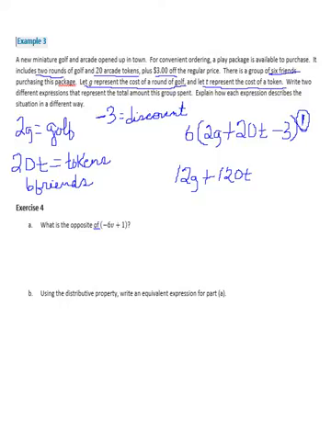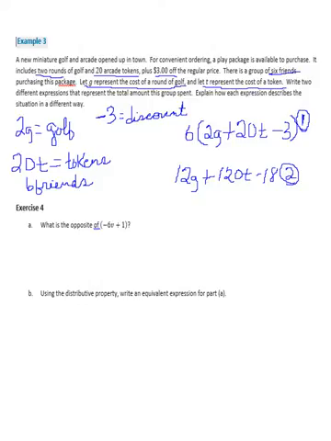And 6 times the negative 3 would give me a negative 18. So this is my second expression. Either one of these would give me a total for how much each person would pay, or how much everybody would pay together, because that's for 6 people.